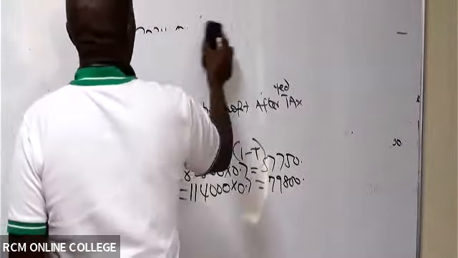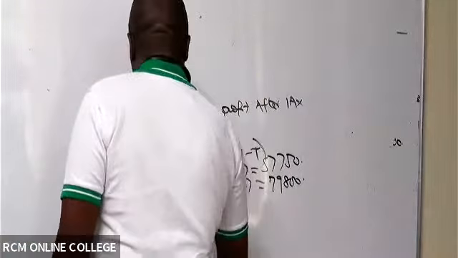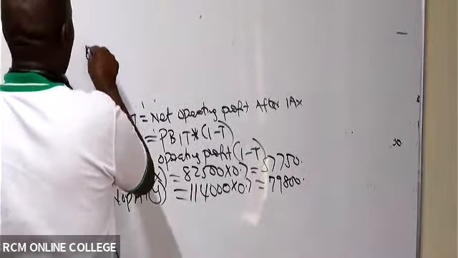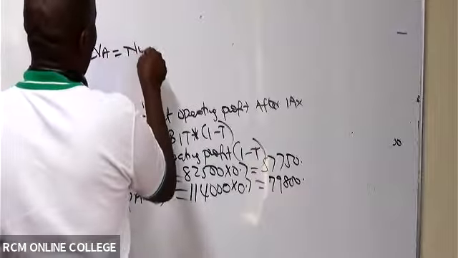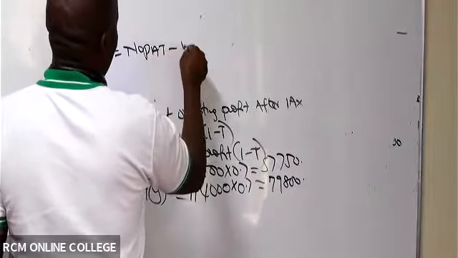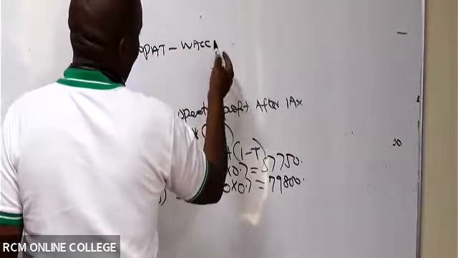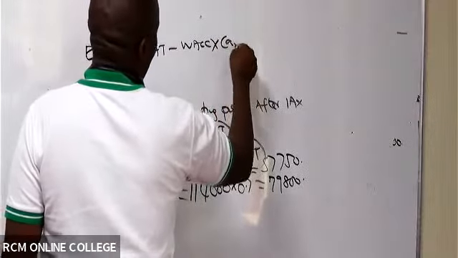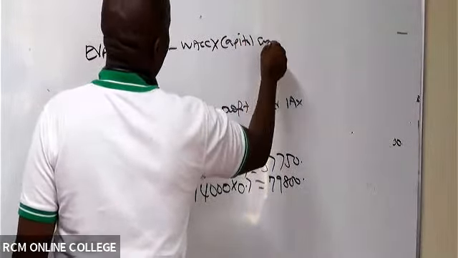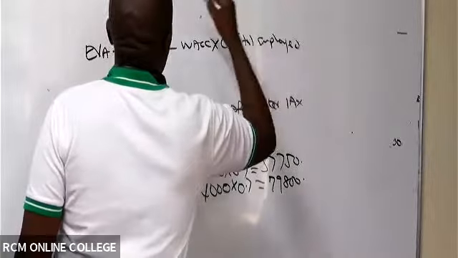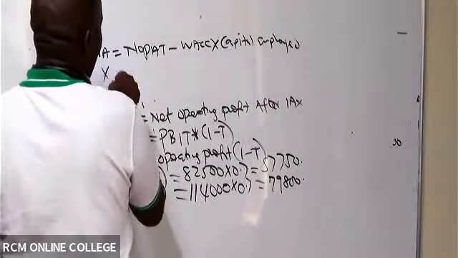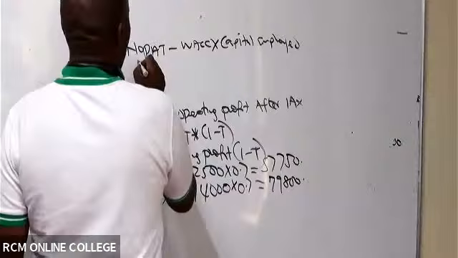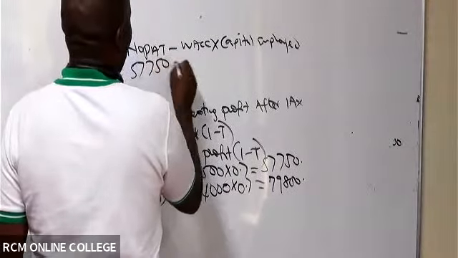Apply the EVA formula. The EVA formula, of course, we know it is NOPAT minus WACC, if it is there, times capital employed. So in this case here, for X, NOPAT is 57,750.